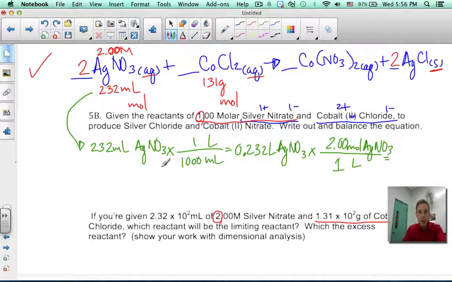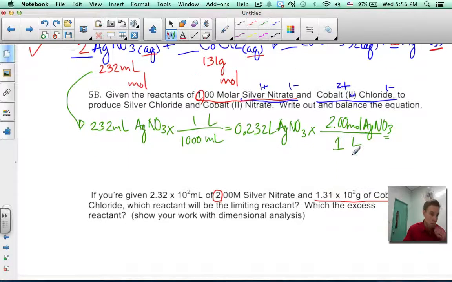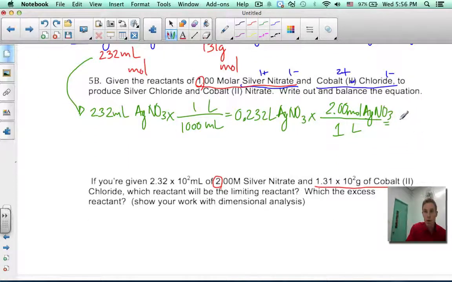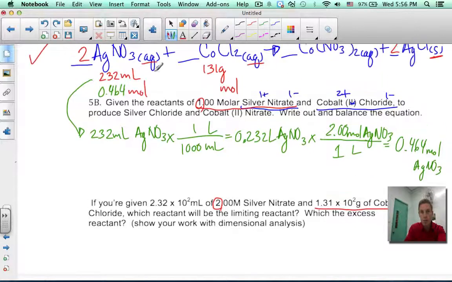And now when I do my math, it's going to be 0.464 because I have 2 times 0.232. 0.464 moles of silver nitrate. When I take that, I'll put that in here, 0.464 moles of this. All right, so I have 0.464 moles of this reactant.